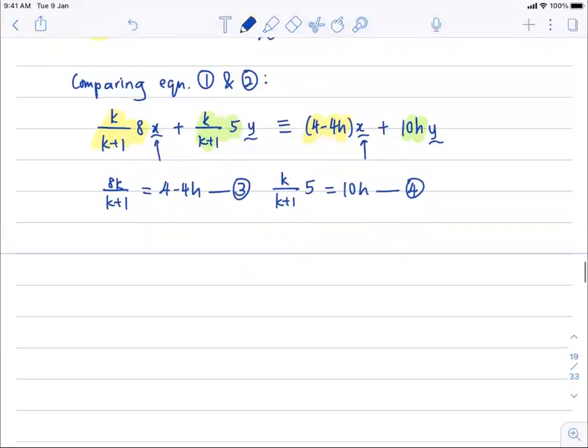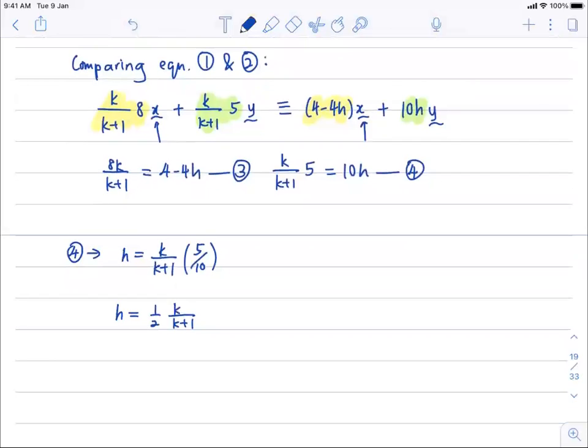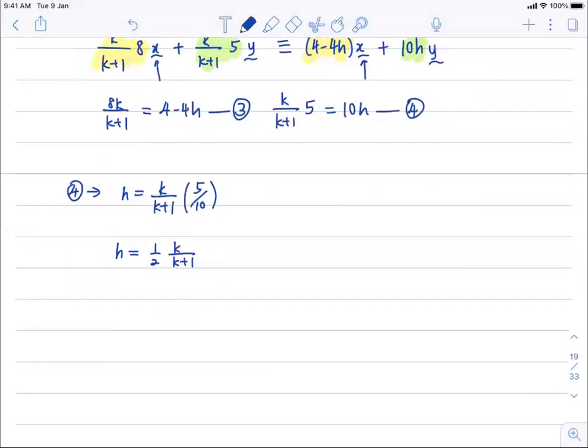So first we take out equation 4 and we make h the subject. So h is equal to k over k plus 1 and then 5 divided by 10. It's also equal to 1 over 2 k over k plus 1. Okay, now we have h. We can substitute equation 4 into equation 3.